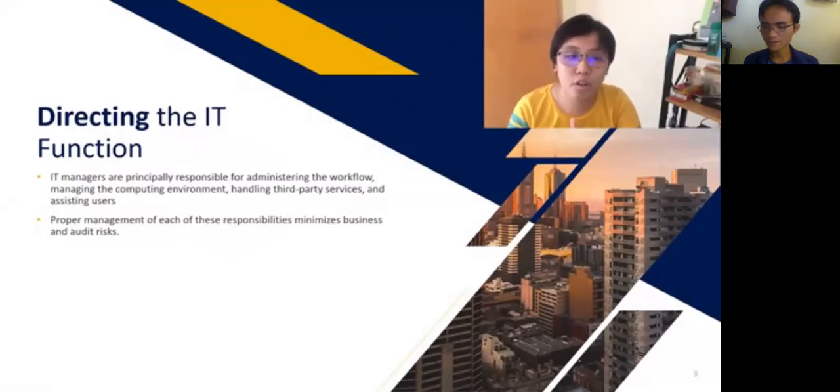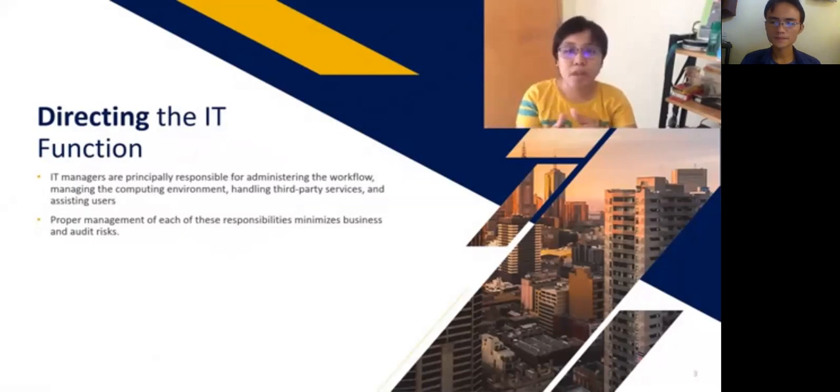We all know that IT auditors and managers should always look into this so that they can have their processes go through smoothly as they want. Of course, when they need to direct it, they need to schedule as well as decide what tasks should be done at that particular time in order for the workflow to go smoothly. Also, proper management of each of these responsibilities minimizes business and audit risks.